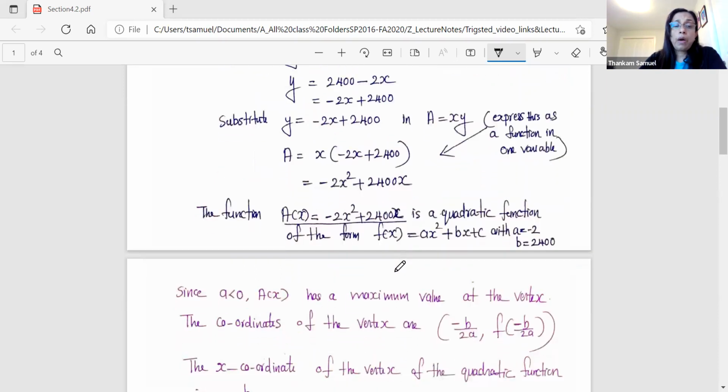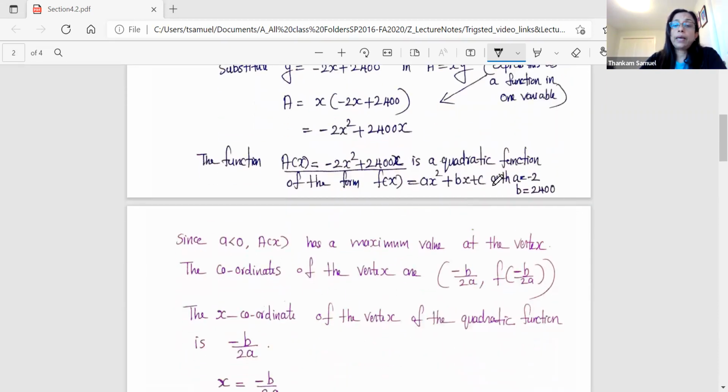So now you can see that the value of a is less than 0, that is -2. Then as per the concepts we have seen in the beginning, since a is less than 0, the function has a maximum value. When you consider the graph of this function, it opens down. So the function has a maximum value at the vertex.